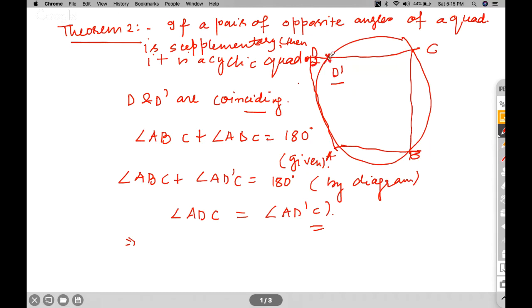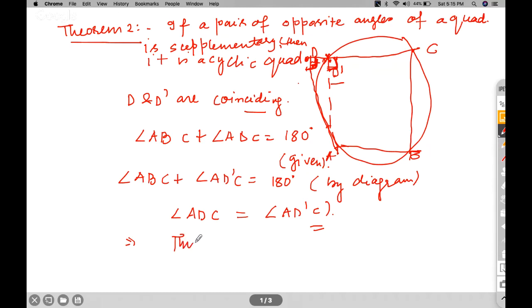So this exterior angle, if I draw a line, can never be equal to the interior opposite angle. So this angle cannot be equal to this angle.